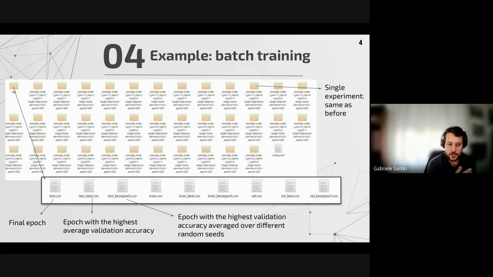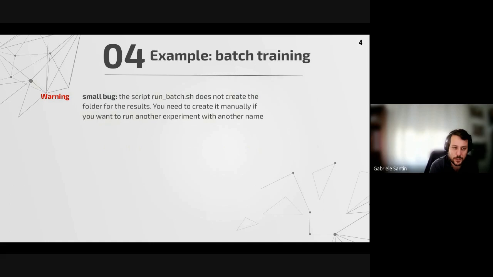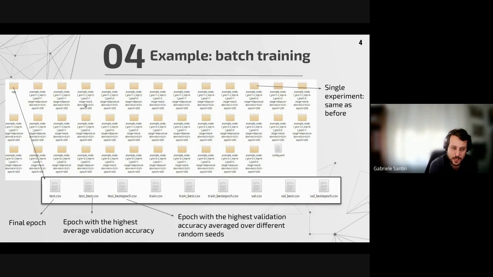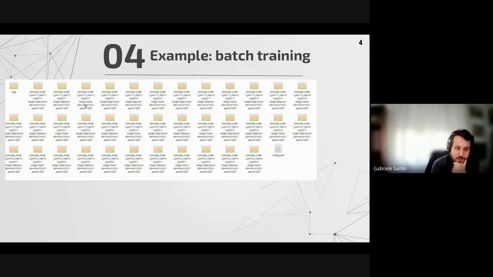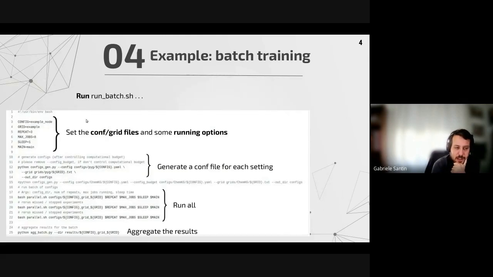So I don't show you the table because it's just a list of configuration values, options, parameters, and accuracies. What I would like to tell you is two small warnings. The first one is that there is a small bug in the run batch script, because this one does not create this folder. Okay, so actually, if you go back here and change the name of the configuration file, you need to make sure that you also manually create a folder that is named in the way that this script expects.